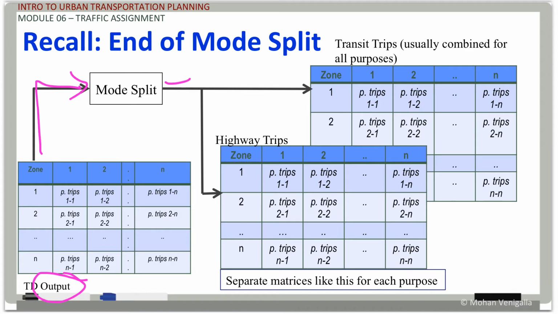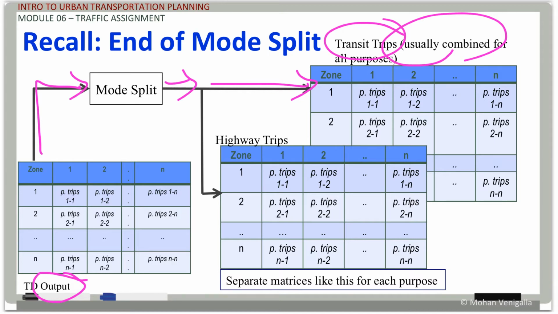So when you process this through, you will have two types of outputs that come out. One is a transit trips table. Usually what they do is they combine transit trips for all purposes because they're going to be person trips. So if two people go by bus, both people get on the bus.